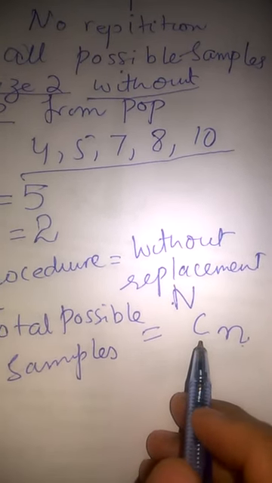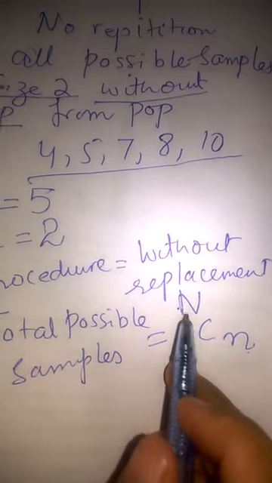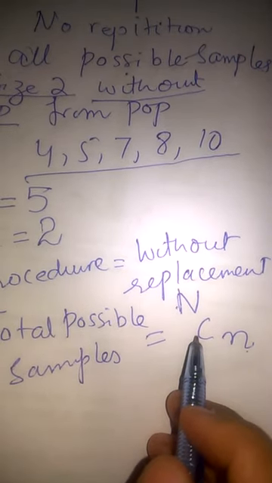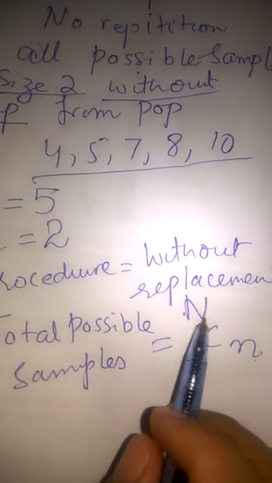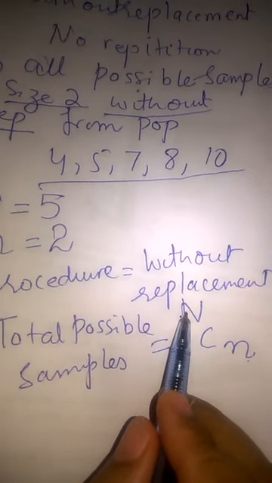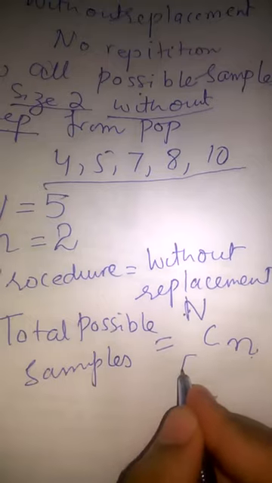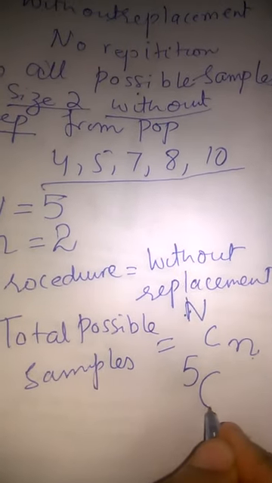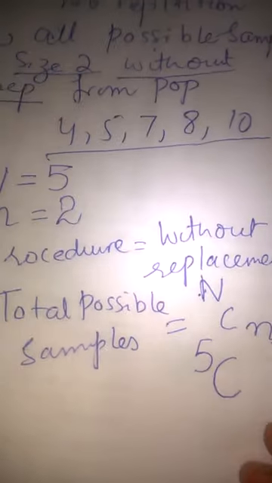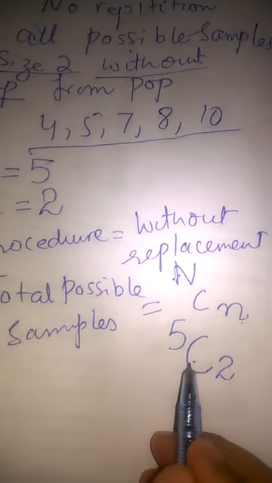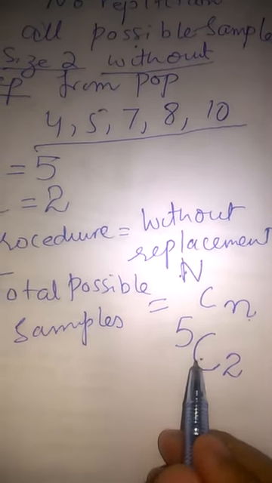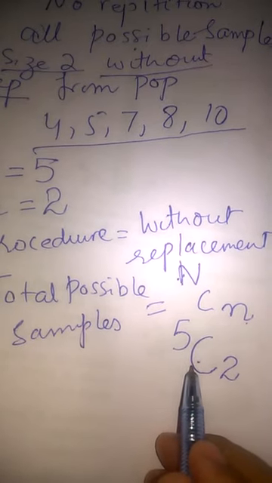There is a detail about C, but we can find this function in our scientific calculator very easily. What you have to do, just write capital N, then press the C button on your scientific calculator and then press 2. C is the combination. I will provide you another lecture on C, what C stands for.